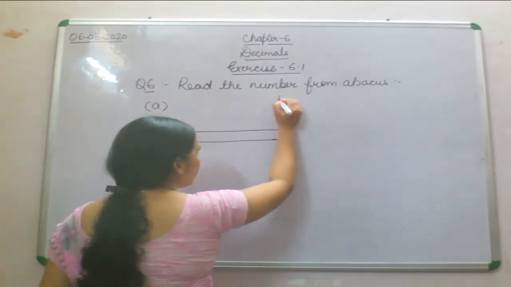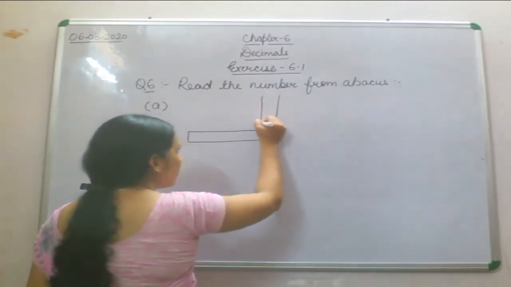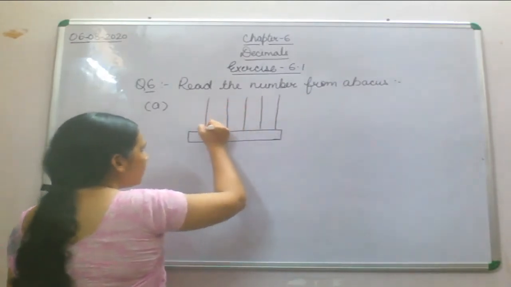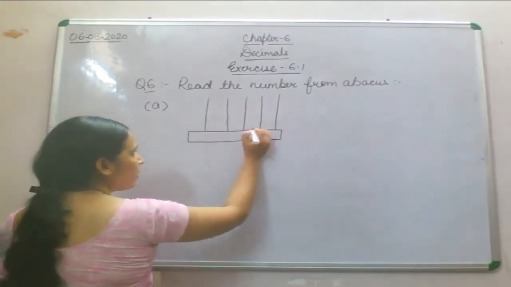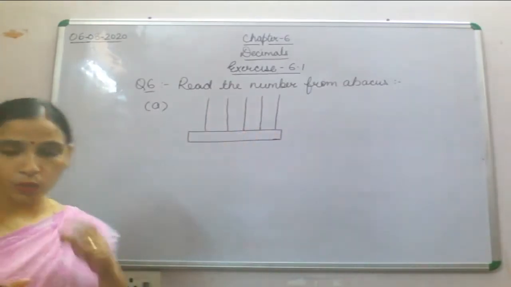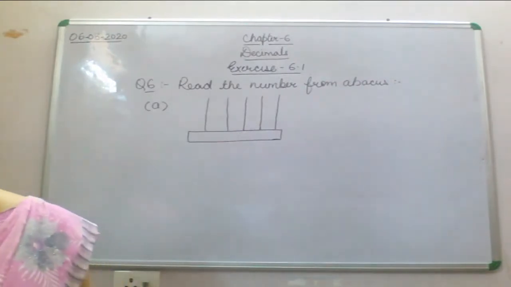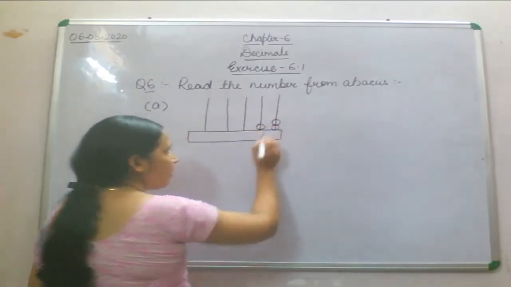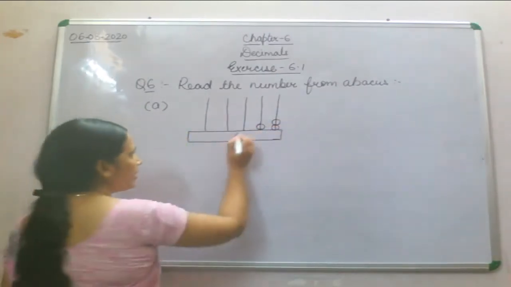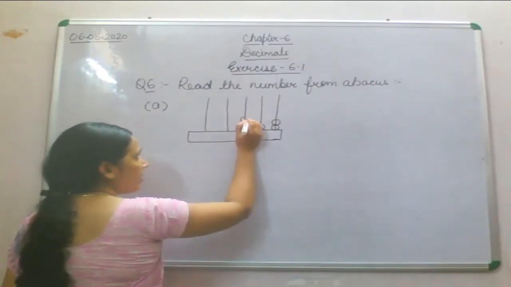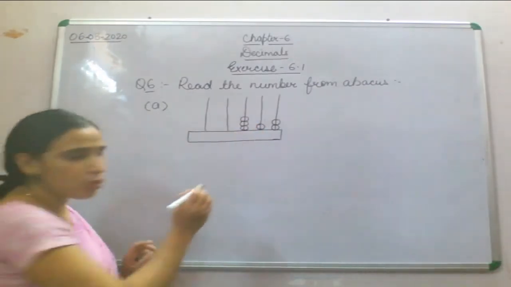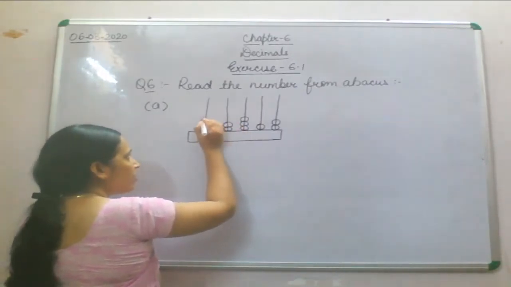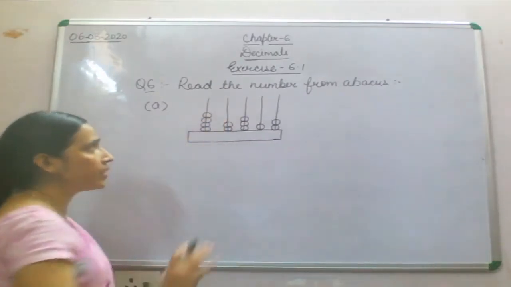You have been given different spikes, and on those spikes the numbers have been represented with beads. So we are going to write the place values. First one has 2 beads, in the second we have 1 bead, then 3, then 2, and then 4. This is the A part of question number 6.